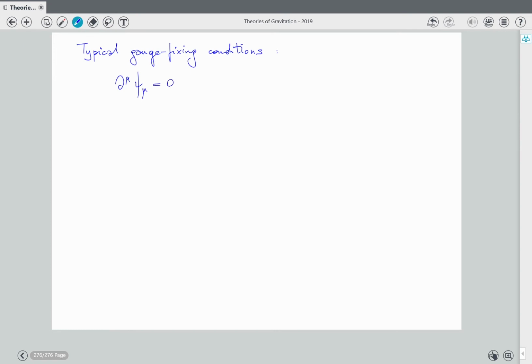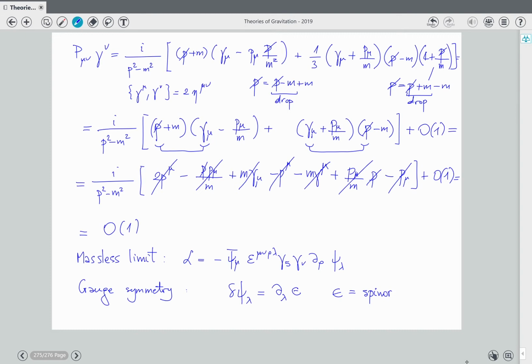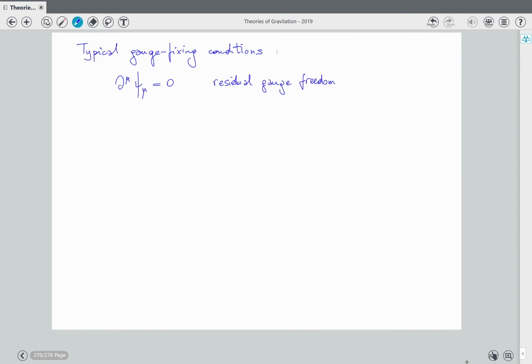It's like the Lorentz gauge in electrodynamics. Partial mu psi mu is 0. With the residual gauge freedom, that is what you get by taking the variation of that. So instead of psi lambda, you have partial lambda psi. That is the residual gauge freedom.